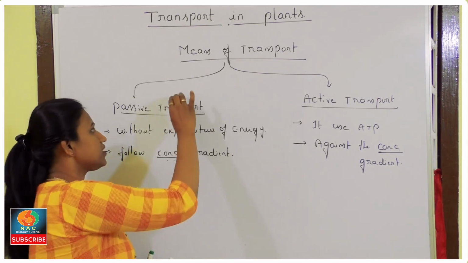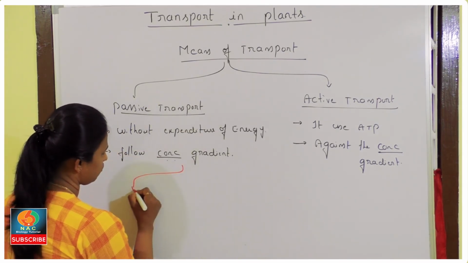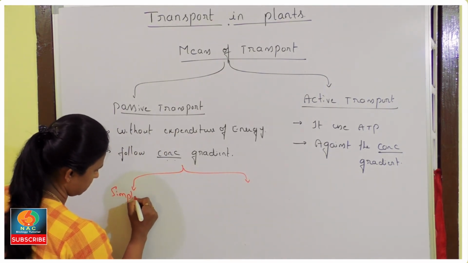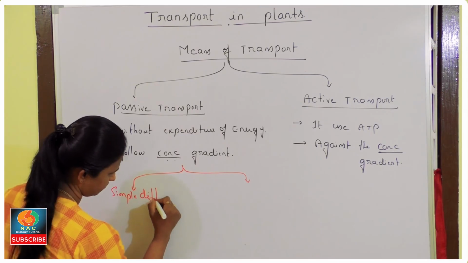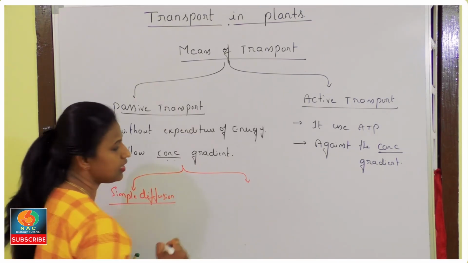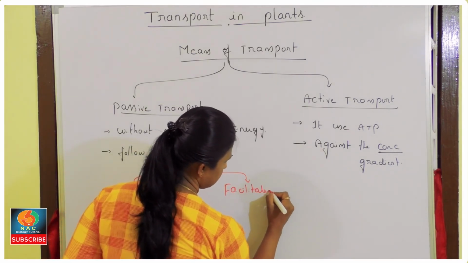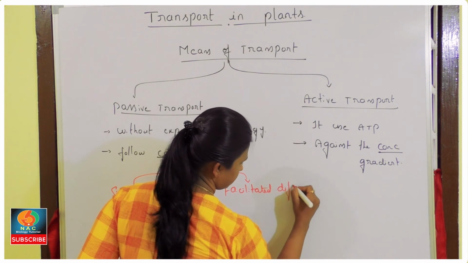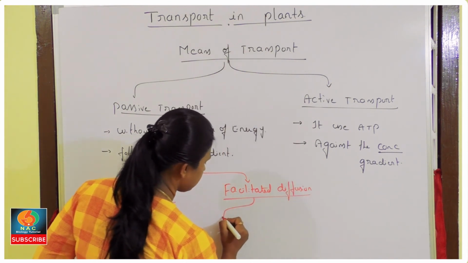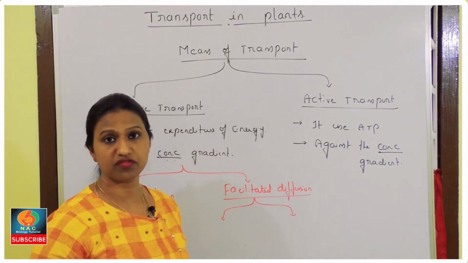Within passive transport, again there are two types. One is simple diffusion. And the second one is facilitated diffusion. In the facilitated diffusion, facilitated means somebody is facilitating the movement of the molecules.